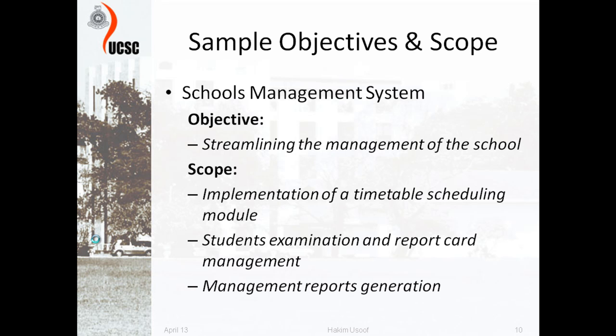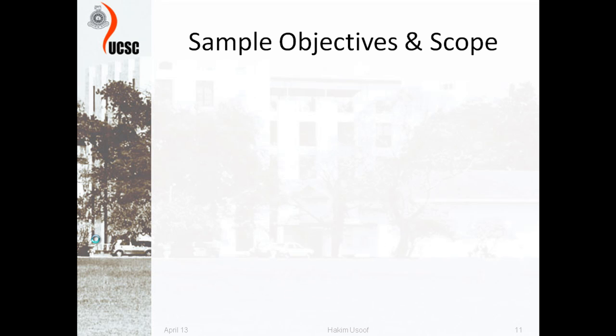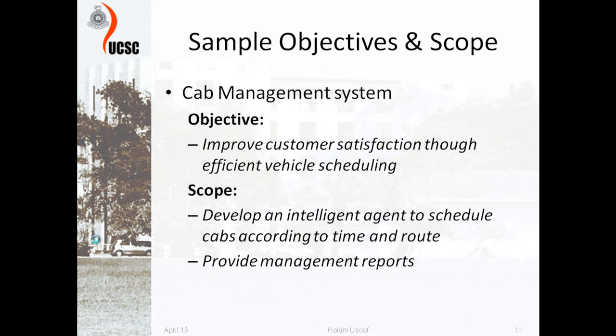So this is a clear differentiation between what an objective is and what a scope is. And this is another one, a cab management system or a taxi management system. An objective is to improve customer satisfaction through efficient vehicle scheduling. So that customers don't have to wait long for a taxi. That's an objective.